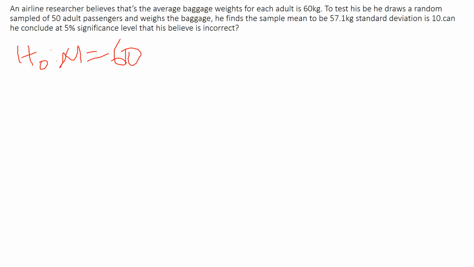And then remember the conclusion that has come from the sample states that it is not 60 but now it is 57.1 kg.